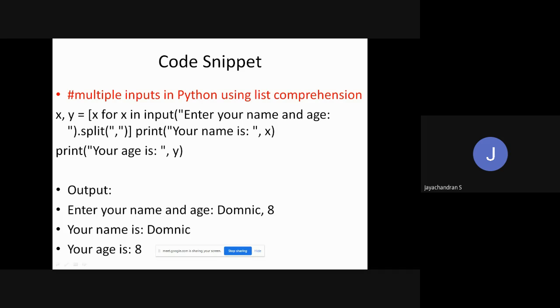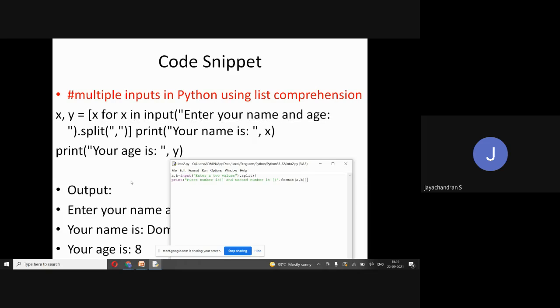So this is the multiple inputs code snippet. Just now I'm using the window to get the inputs. I've deleted this. x comma y equal to, I'm using square brackets. For arrays also we use the same thing here: x for x in input. We want to get two inputs.